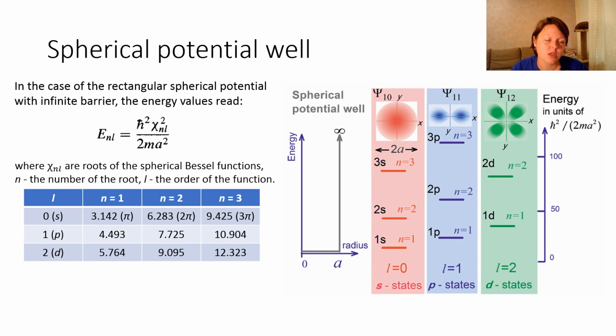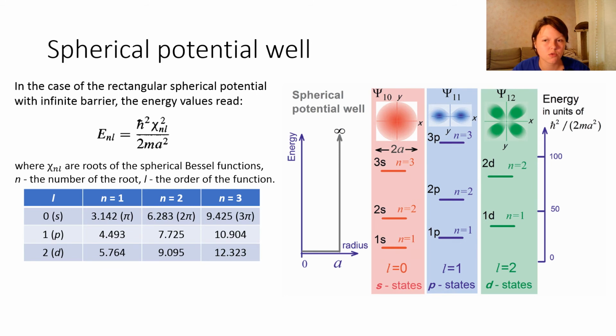That's why when we have L equal to 0, the roots of the spherical Bessel functions are multiples of π. So 1π, 2π, and 3π correspond to the values of the principal quantum number. According to these roots of the spherical Bessel functions, you can go here and see the exemplary energy levels of the different orbitals of the electron in the atom.